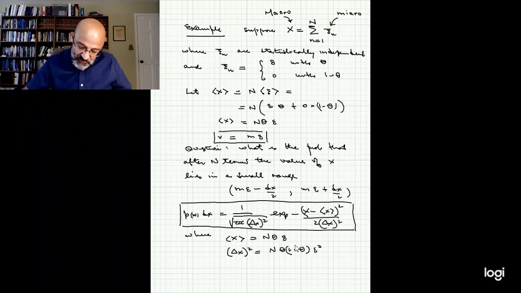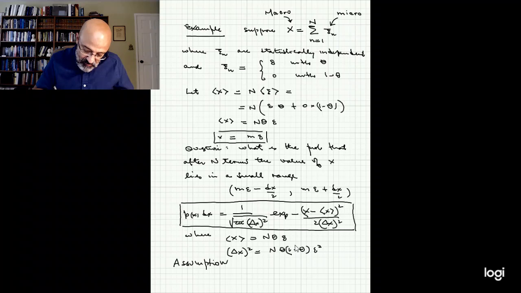But there were two assumptions here that were absolutely crucial. One of them was that all these variables, the x's, had the same mean, same probabilities.